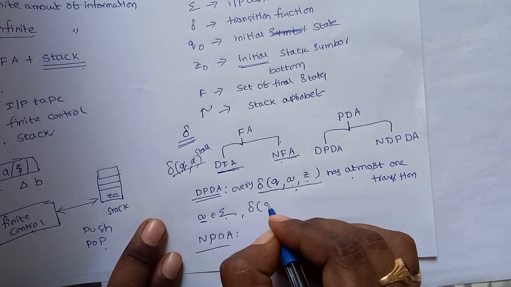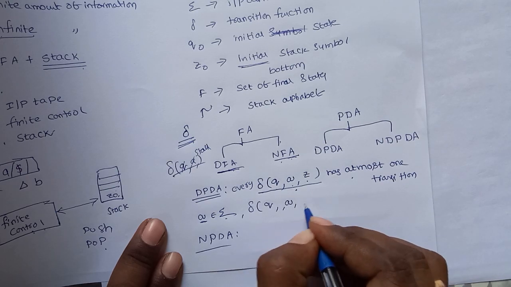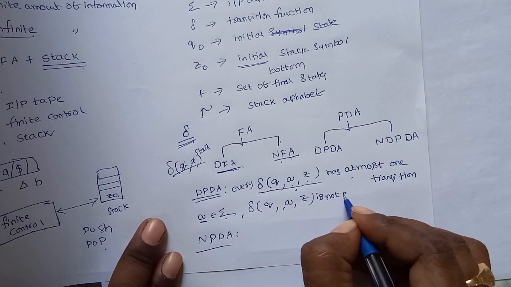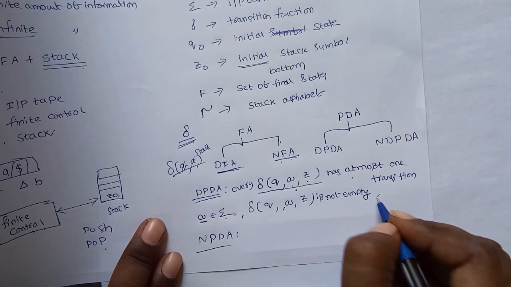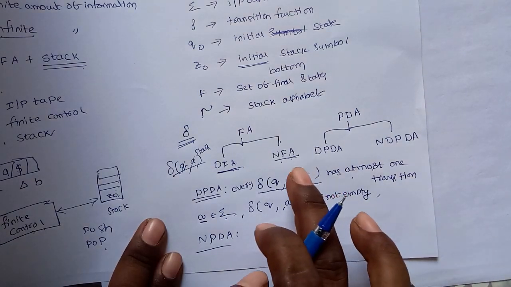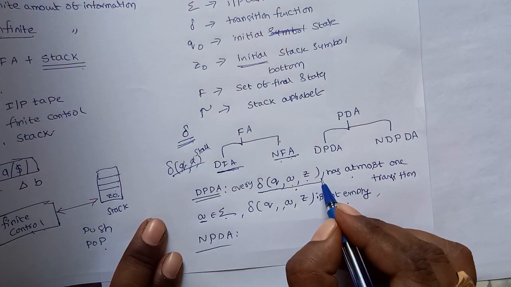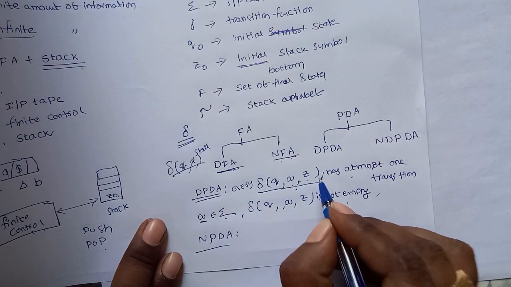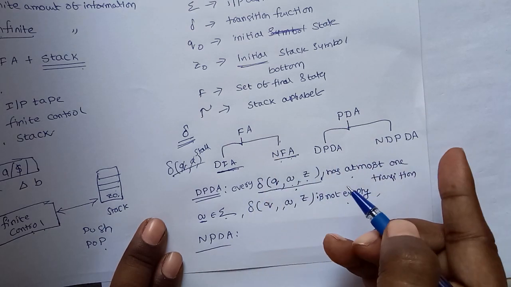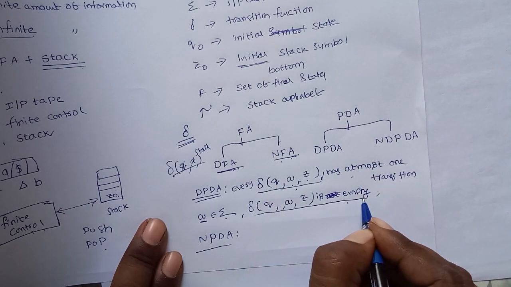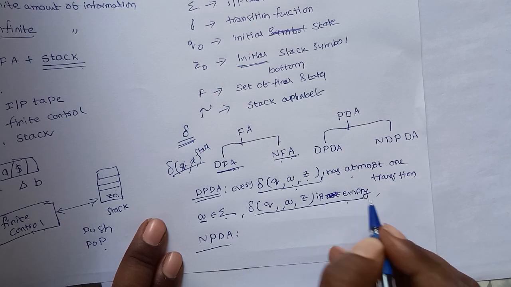For every transition, delta of Q A Z is not empty. If it is not empty, it moves to one transition. Suppose this one is empty.